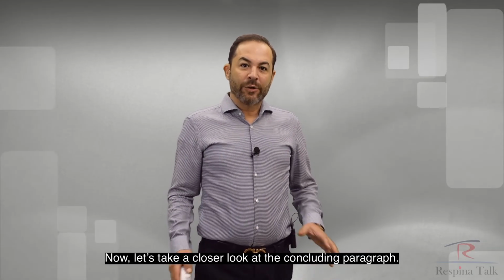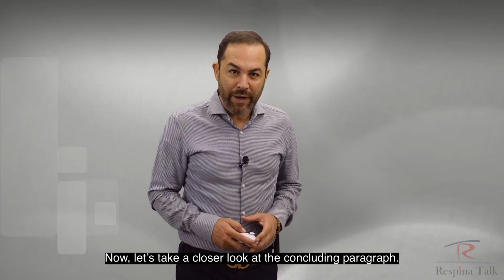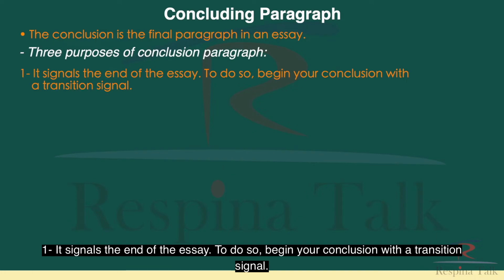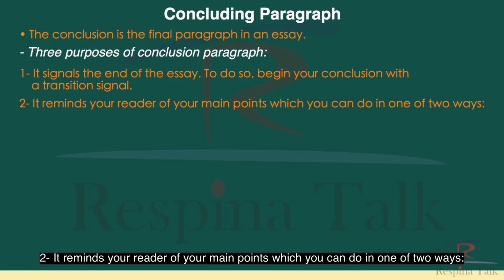Now let's take a closer look at the concluding paragraph. The conclusion is the final paragraph in an essay. It has 3 purposes. 1, it signals the end of the essay. To do so, begin your conclusion with a transition signal. 2, it reminds your reader of the main points, which you can do in one of 2 ways.